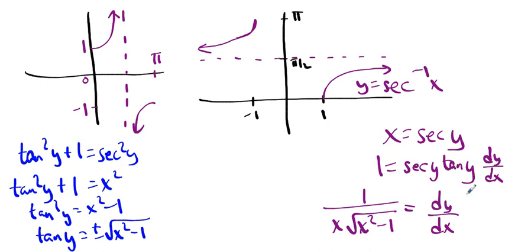So I need this answer to come out positive all the time. And the way we do that is to put absolute value brackets there, because the derivative must always be positive because this function is always increasing.